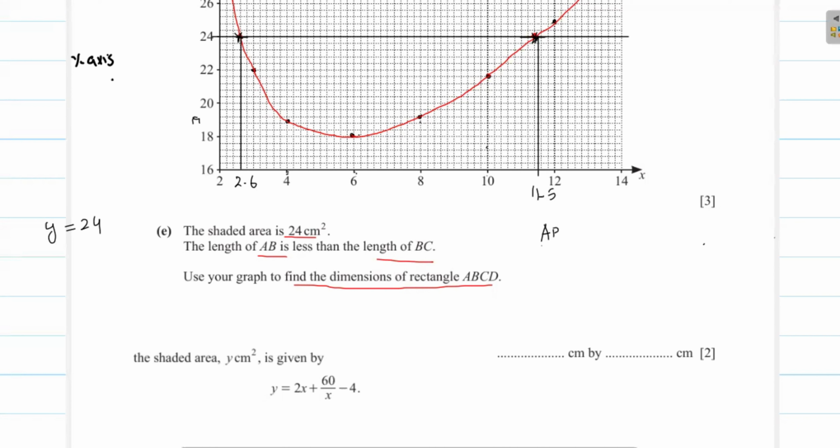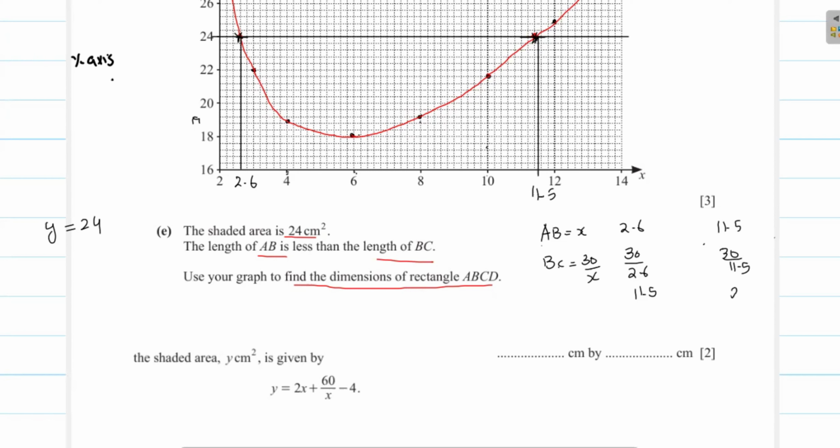The length of AB is equal to x, and the length of BC is equal to 30 over x. We have to select the case where the length of AB is less than the length of BC. Here the length of AB is 2.6, then the length of BC will be 30 over x, with x as 2.6. This will be equal to 11.5. The next length you see here is AB is 11.5 and BC is 30 over 11.5.